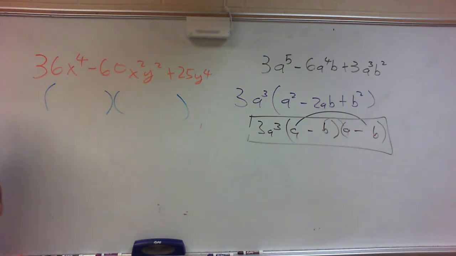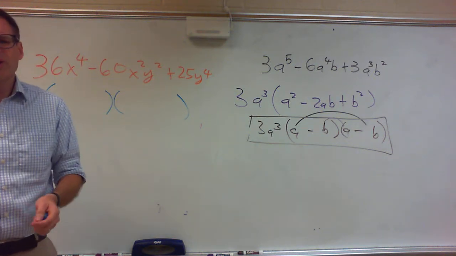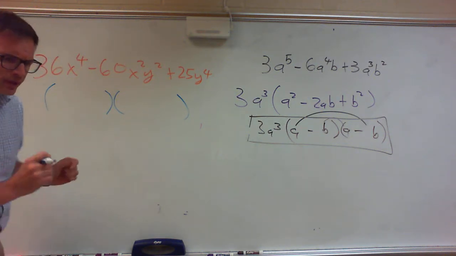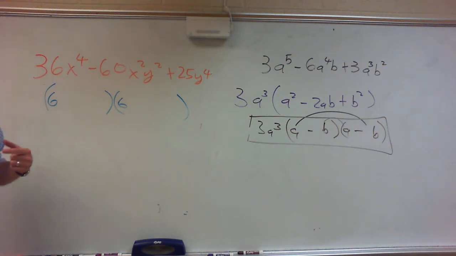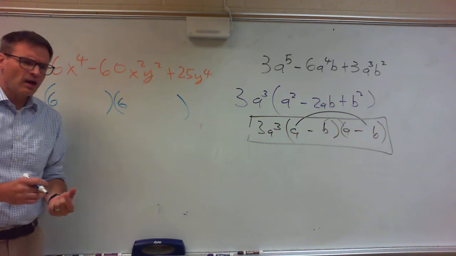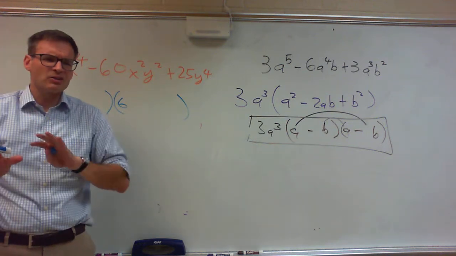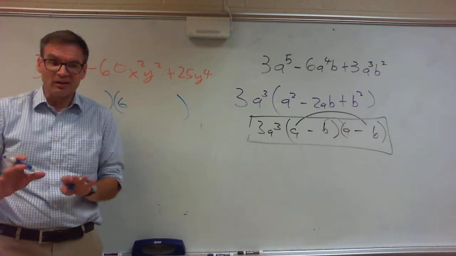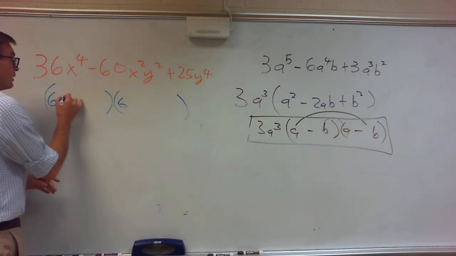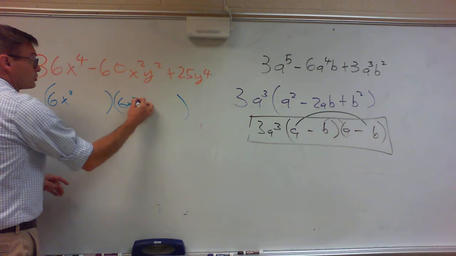And I know there's lots of ways you can get 36, but start with the one where the numbers are close to each other. In that case, we're going to have a 6 and a 6. Also, when you see that x to the fourth, break it in half. Do like x squared times x squared. Don't do x times x cubed. That's going to make things really ugly, and it never works. So we have an x squared and we have an x squared.